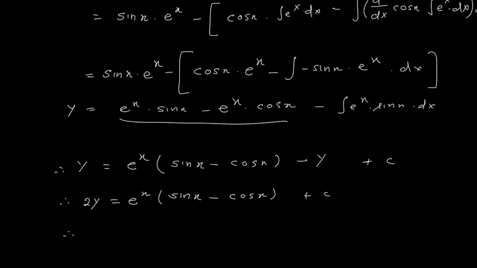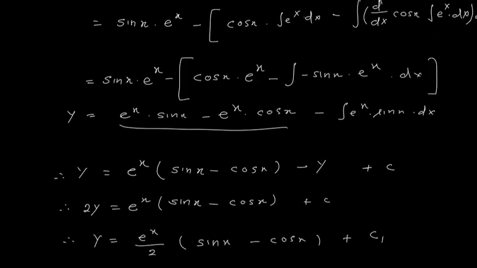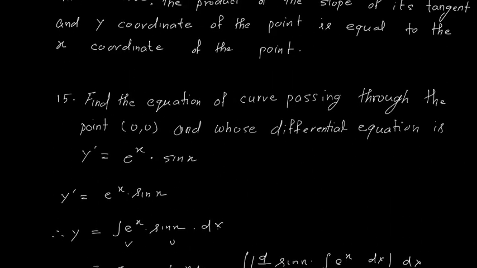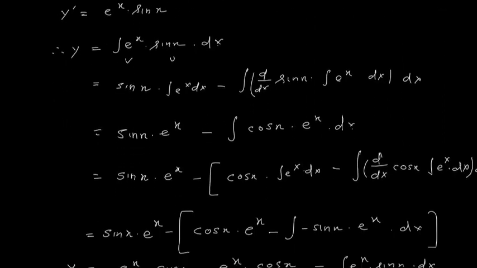Therefore y will become e^x upon 2 into (sin x minus cos x) plus, now c divided by 2, so I will say plus c1. Now this is the equation of the curve, and what is given? The curve passes through (0, 0).